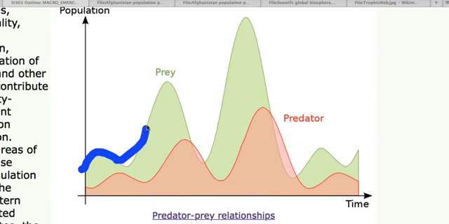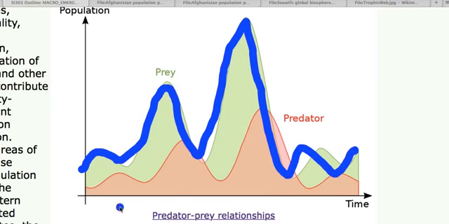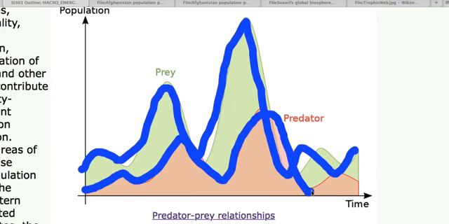So you'll notice the prey's going up and down, and the predator's going up and down with them, but the predators are always lower than the prey, and that's because every time a predator eats a prey, most of the atoms of the prey that were eaten are exhaled as carbon dioxide and water. Very little is incorporated into the predator body. There's a 90% plus energy loss as the predator burns the energy that the prey provided in metabolism.